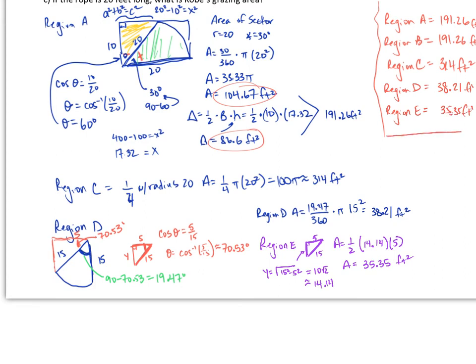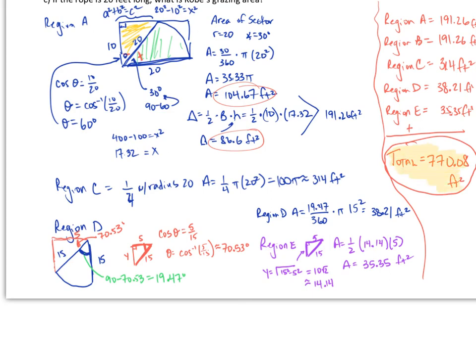Now we add all these together, so we get the total. Adding A, B, C, D, E together is going to end up being 770.08 square feet. And that is the solution to this part of the problem where the rope was 20 feet long.